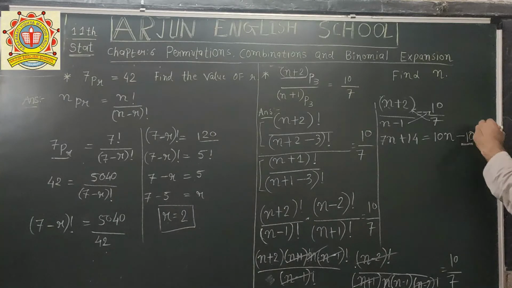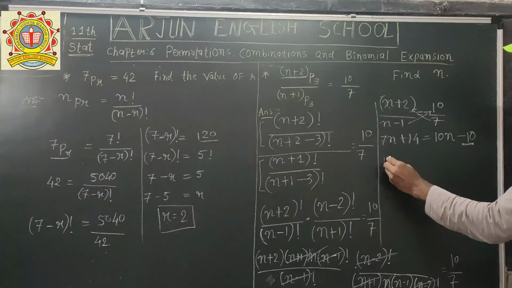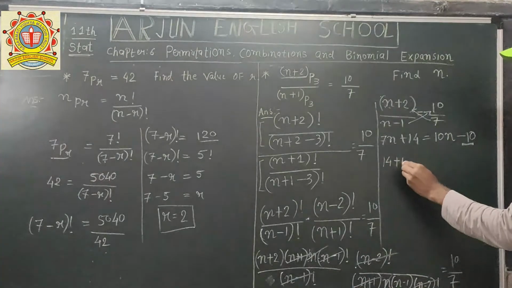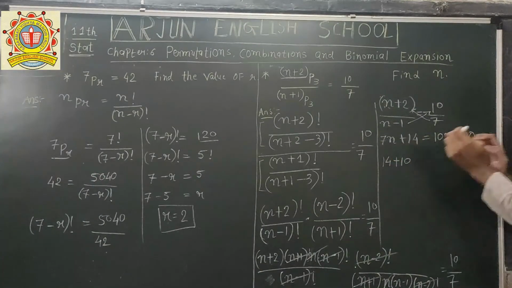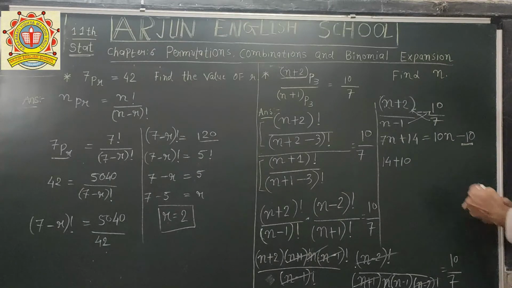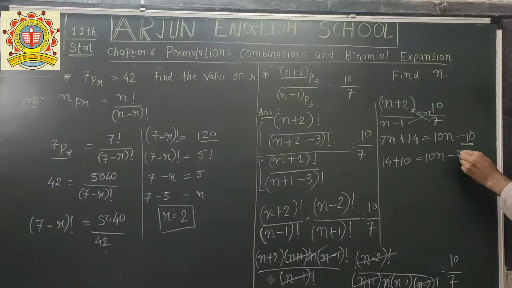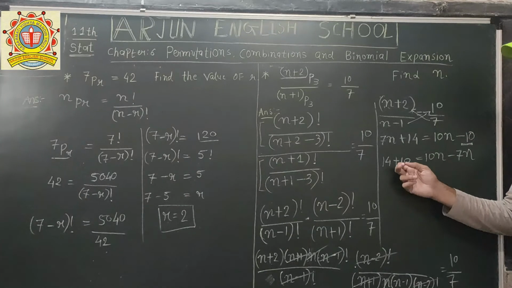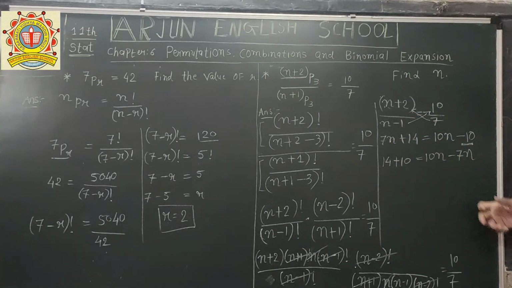Now this minus 10 goes to the opposite side, it becomes plus 10. That is 14 plus 10. And this plus 7n goes to the opposite side, so it becomes 10n minus 7n. Once again, 14 plus 10, 10n minus 7n.